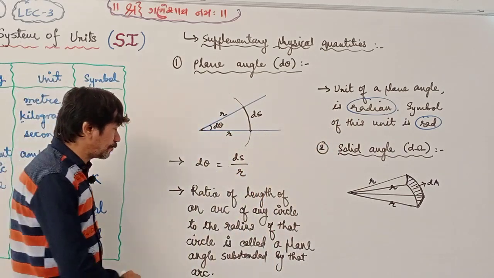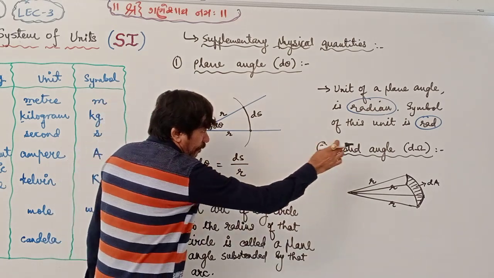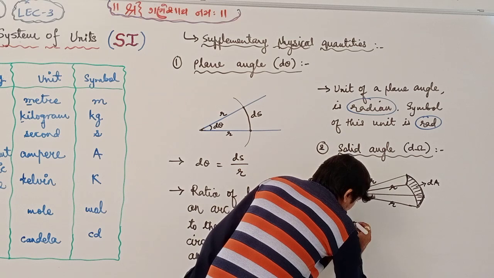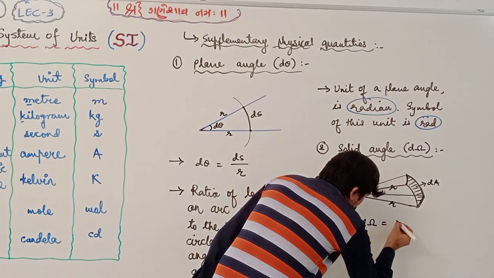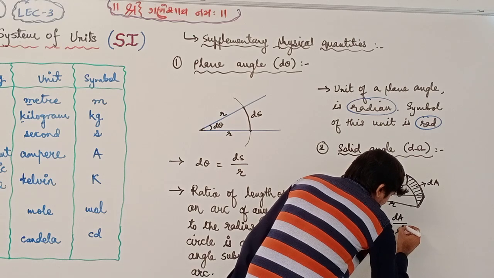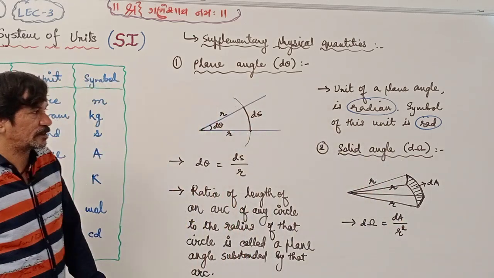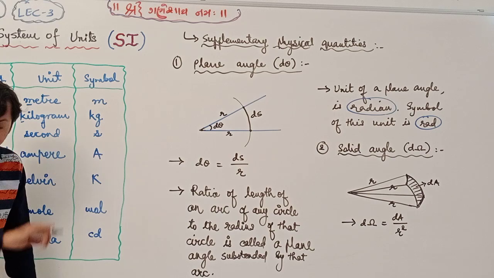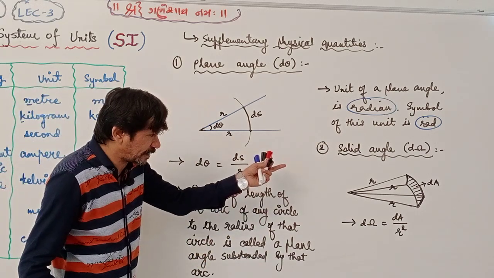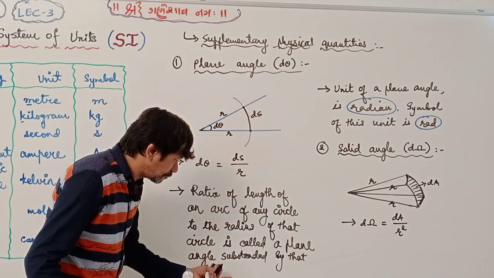Now I will give you the formula of d omega. Here is the formula: d omega equals dA upon r square. Now, aren't you able to define solid angle in this manner?